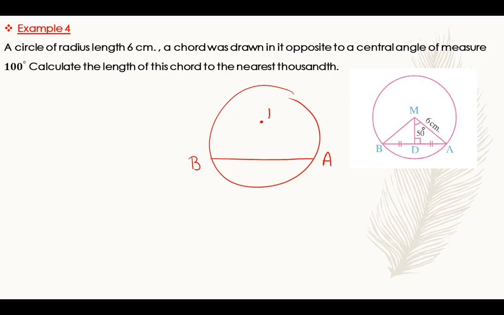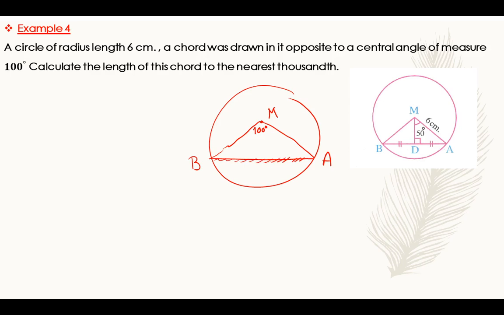So we have the center of the circle, which is M, and the central angle AMB, of measure 100 degrees. Calculate the length of this chord. Now we want to find the length of the chord AB.